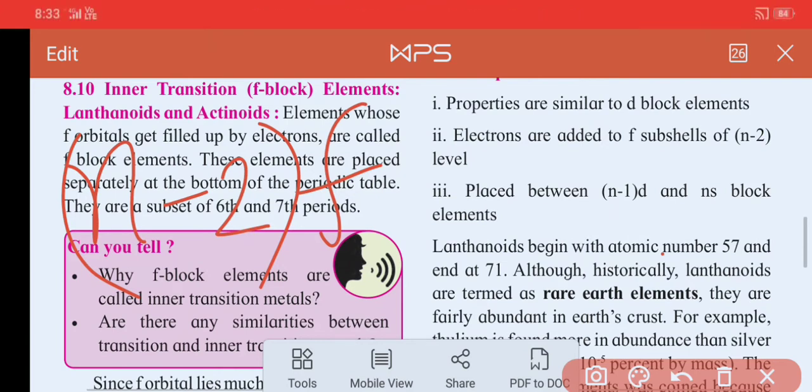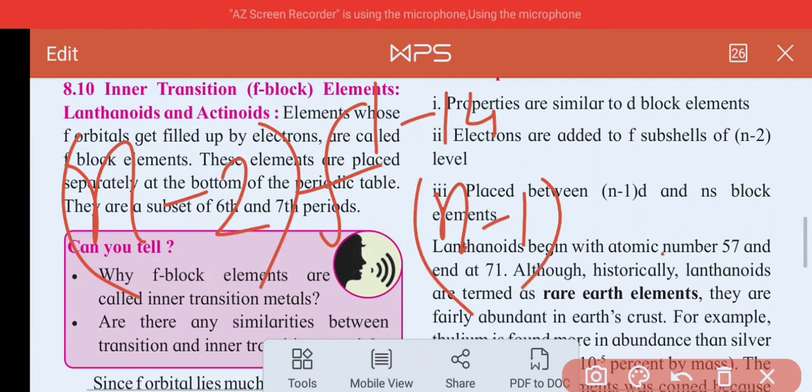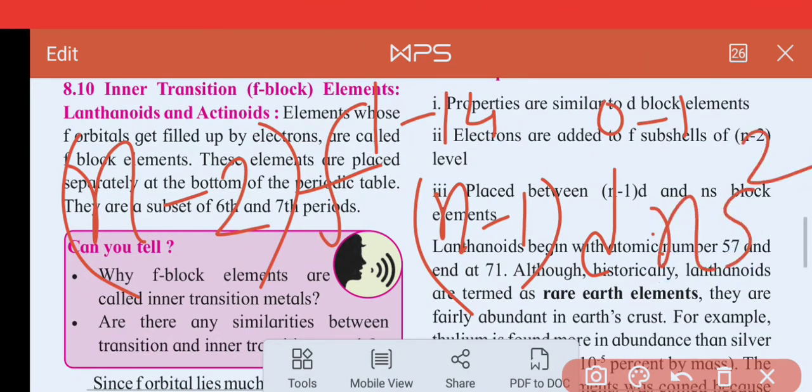Their general outer electronic configuration is (n-2)f 1 to 14, (n-1)d 0 to 1, ns2.